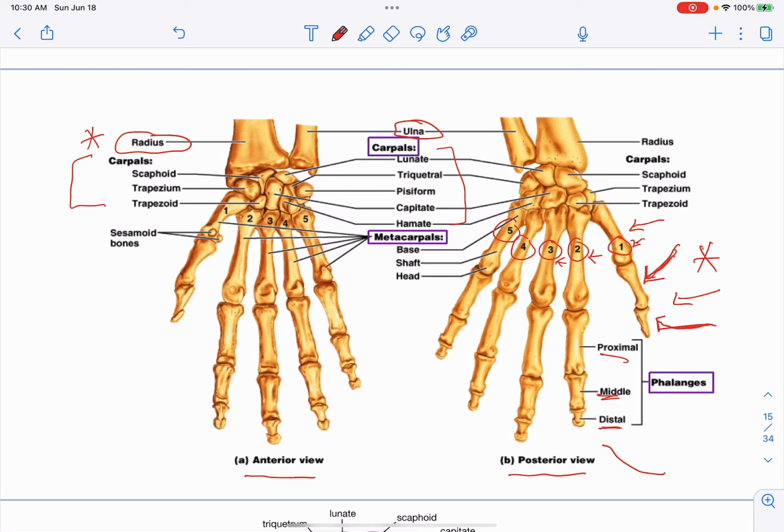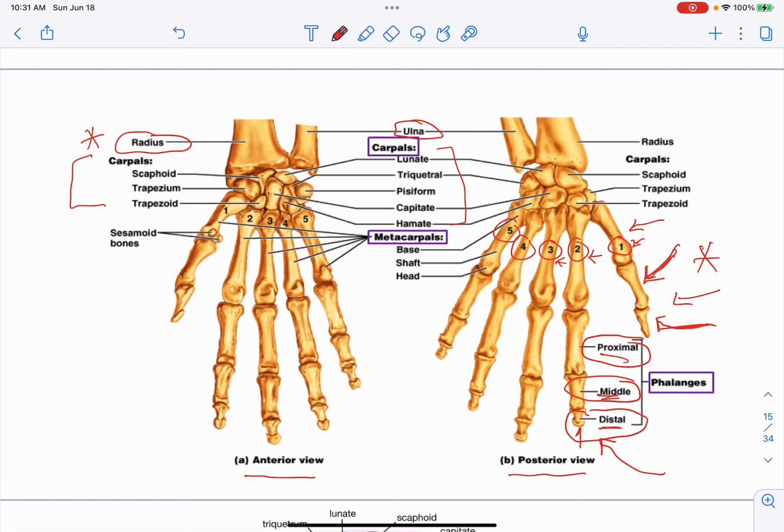And then if we moved to the second phalange, if I labeled any of these bones here, this would be the second distal phalange, second middle phalange, second proximal phalange. And then you keep moving towards the 5th one. So I really wanted to go over how these are named and numbered so that was clear before we moved on to the carpals.